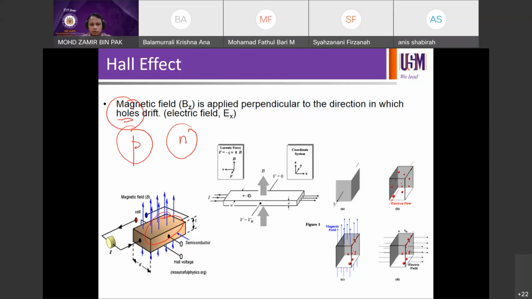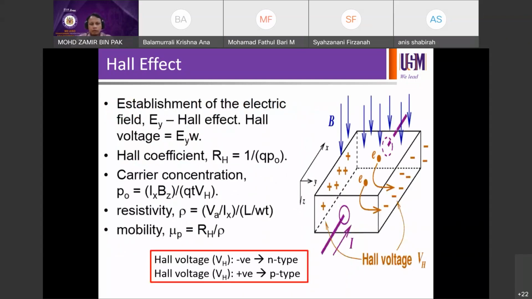So these are the forces generated through the semiconductor slab, and there are few parameters that you have to understand in order to understand the properties of your semiconductor material. The parameters are already listed on this page.